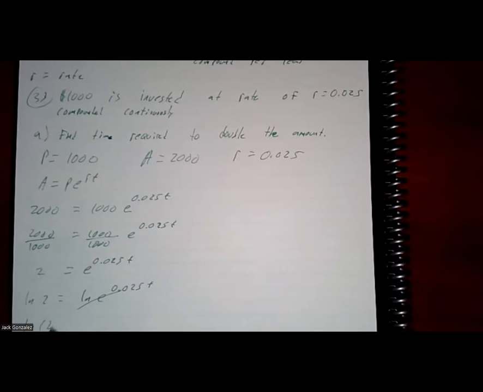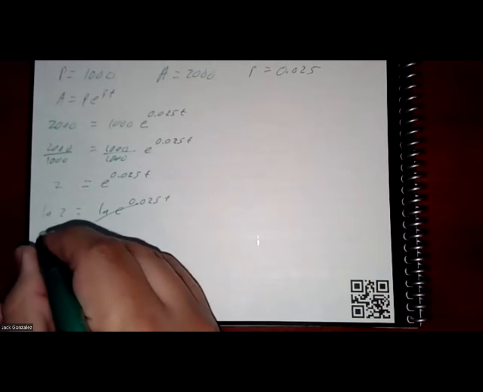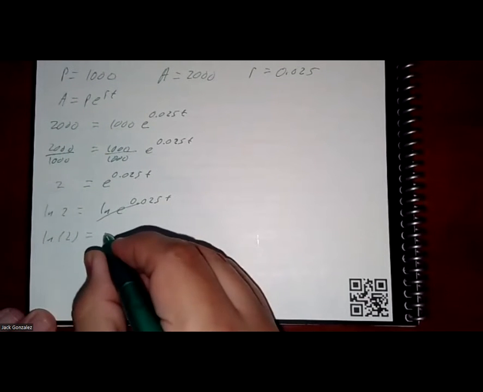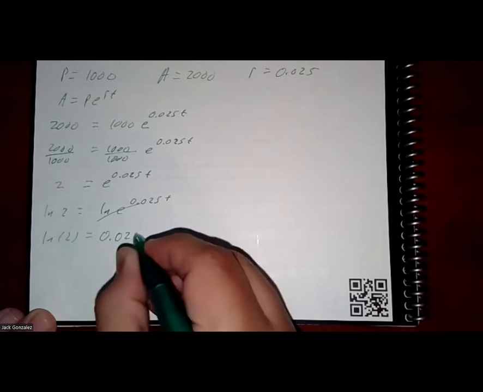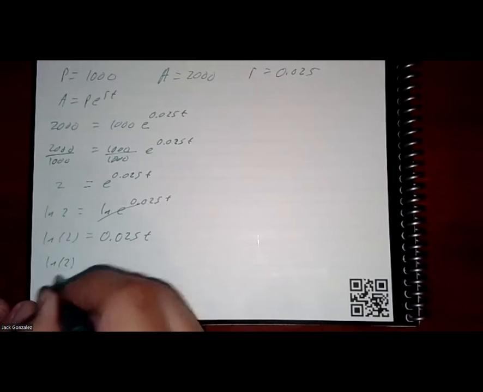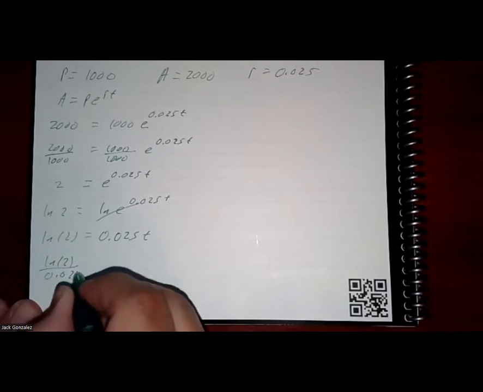So ln 2 is going to equal 0.025 t. So last step is divide by 0.025.